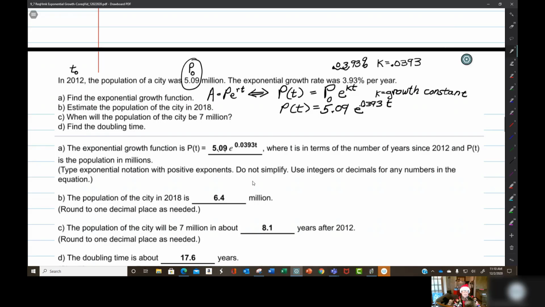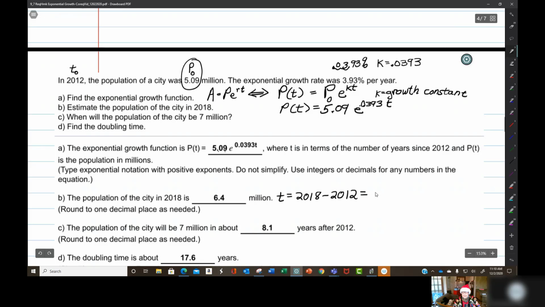Now, I don't want to know, but they want to know, what is the population in 2018? Well, the beginning is 2012. So that means t is going to equal 2018 minus 2012.